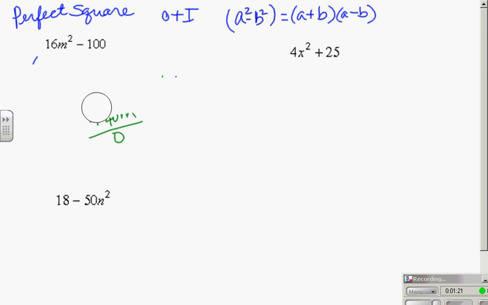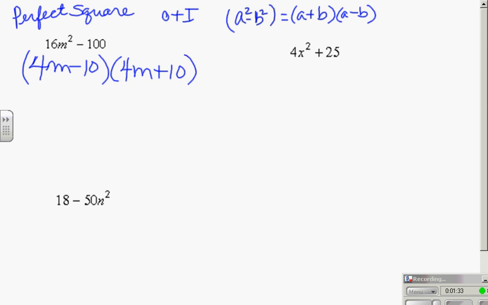Now, in fact, I could have taken a greatest common factor out of this first, but it doesn't matter. 4m minus 10 times 4m plus 10. It's okay, I forgot. I can pull a greatest common factor of 2 out of this one, and I can pull a greatest common factor of 2 out of this one.